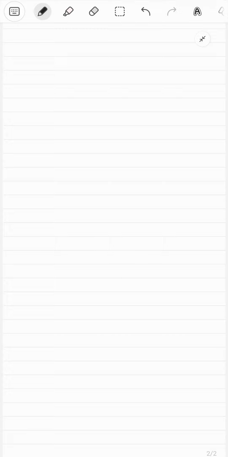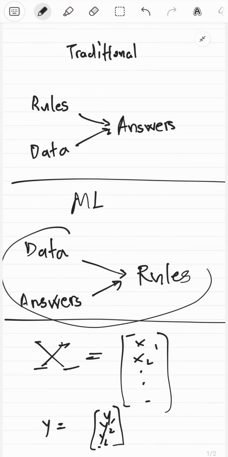So there are two sorts of basic programs that you could write. One is a classification program and one is a regression program. And whenever we say program, this is synonymous with a model, as in a model basically does all of this stuff. It takes in data and answers, and it gives us rules, and can also do the opposite, as in it can take the data and apply those rules to get the answers.